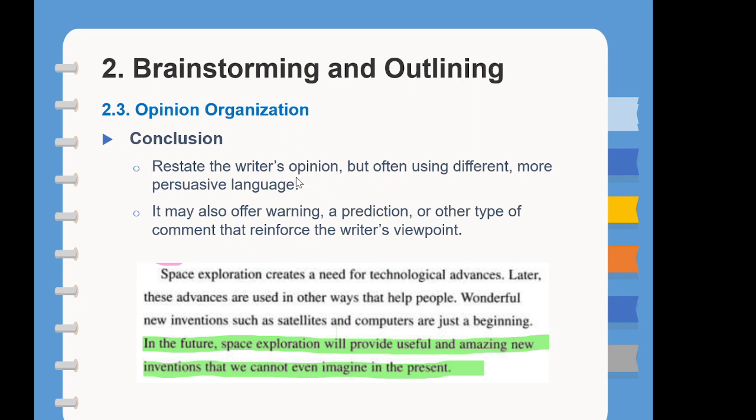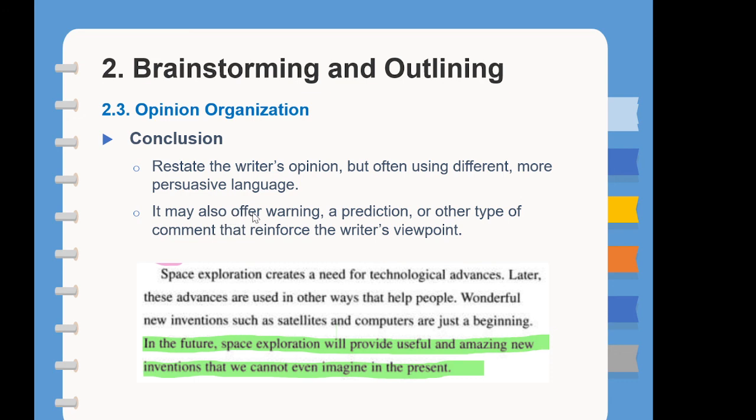It can be from the thesis statement or some information in a body paragraph. But try not to use the same old words you have written. You can paraphrase those ideas.